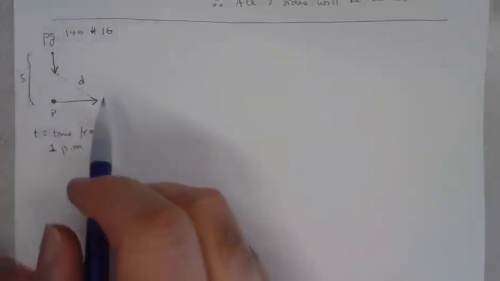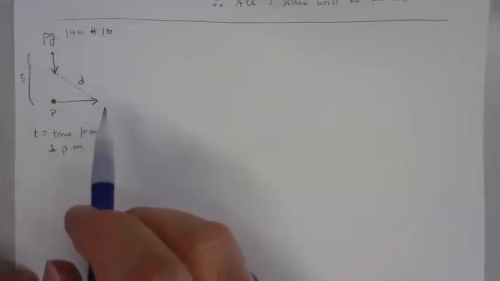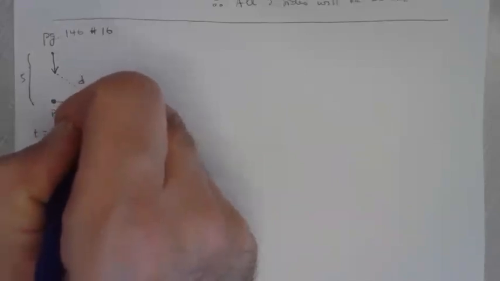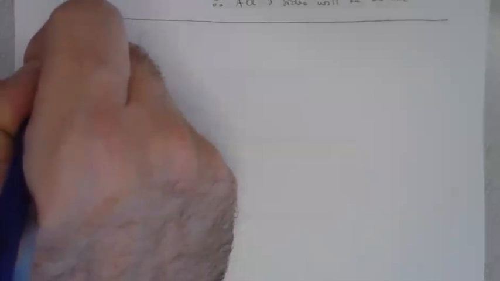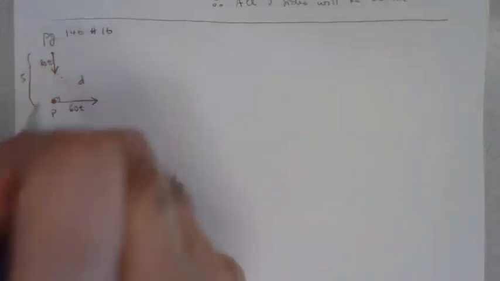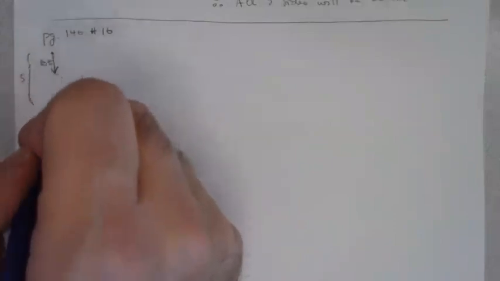So car 1 travels at 60 kilometers an hour. So this car would have traveled 60t kilometers. Okay. The other car is traveling at 80 kilometers an hour. So the distance it would have traveled was 80t. But of course, I'm not interested in that distance. I'm interested in the one that closes off my right angle triangle. So this will be a total of 5 minus 80t.